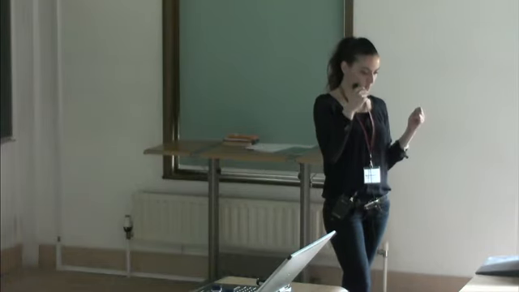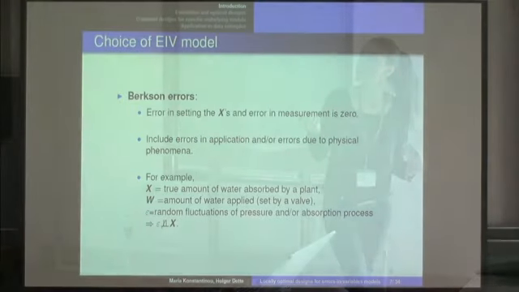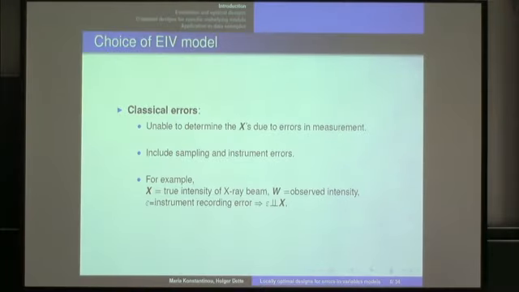Because we consider the error in measurement, we have to take the classical approach. It's this independence here. If we use the other one, we will not have this independence, and it's wrong. When you have error in measurement, then this error is independent of x. So you begin with that. We have to use a classical error model.